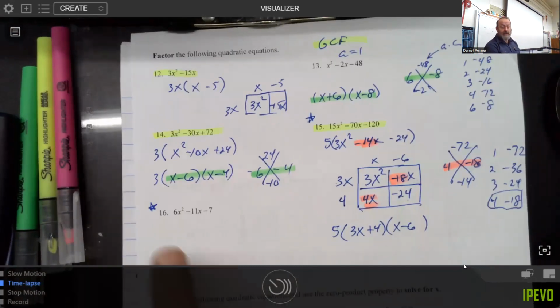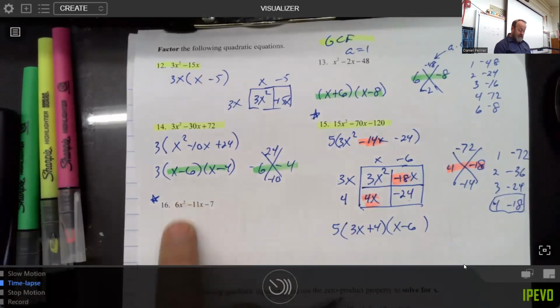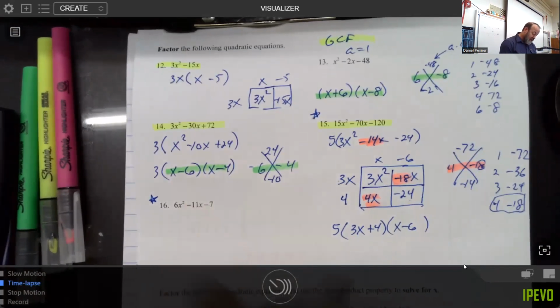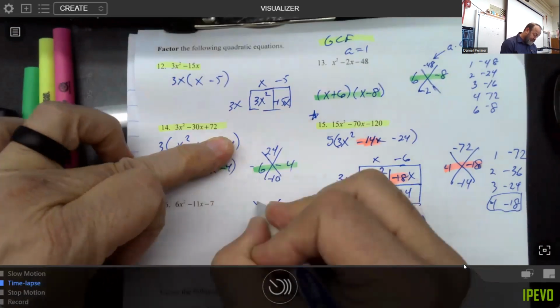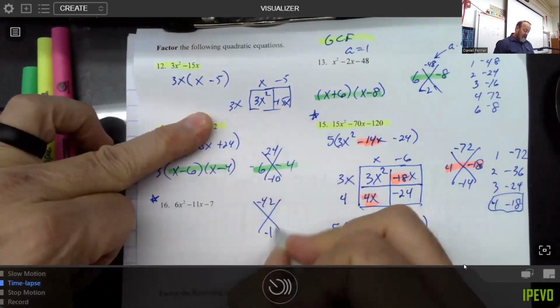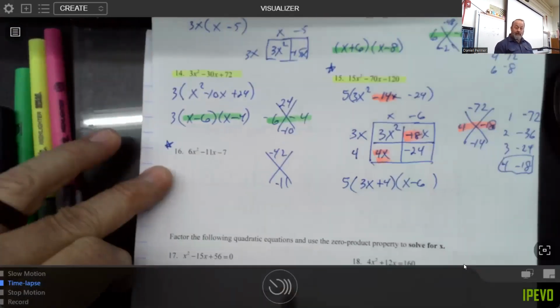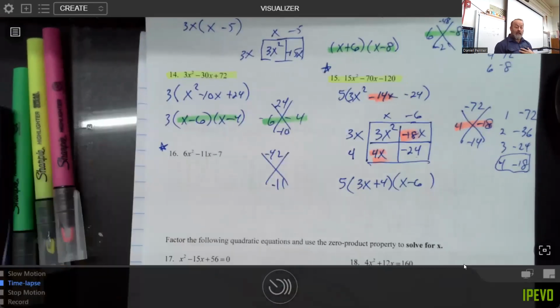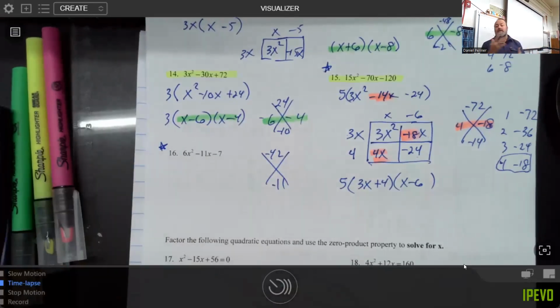Now, notice I put a star there because it was a hard problem, but it didn't have a GCF. So we can just jump right to our story and think through numbers that multiply to 42 that add to negative 11. So 42 could be like a 7 and a 6, but that doesn't work. But that's a hint. If 7 goes in there 6 times, then if 6 goes in, then so do 3 and so do 2.